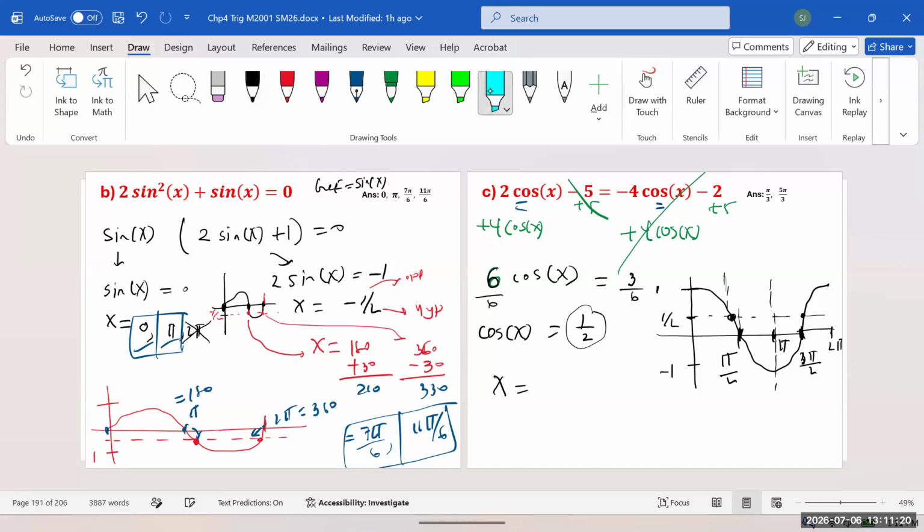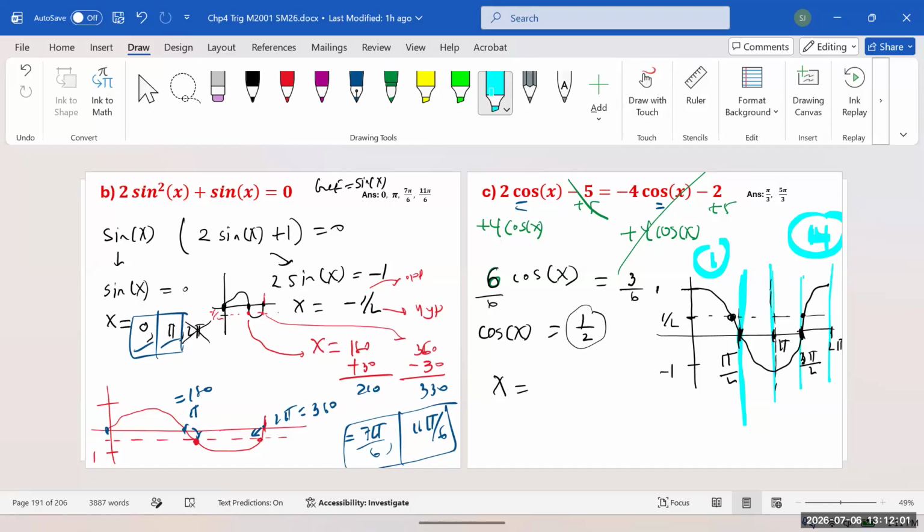So if I split into 4 pieces, quadrant 1, quadrant 2, quadrant 3, and quadrant 4, we have two solutions. Oh, my bad, the first one I wrote wrong. The first one is before 90, sorry. So two solutions. One is on the first quadrant, and one is on the fourth quadrant. Right?